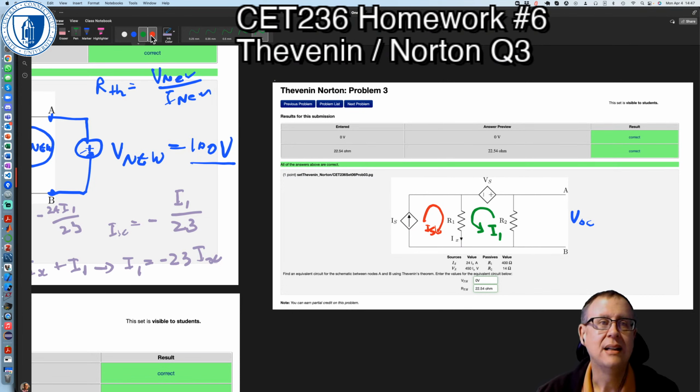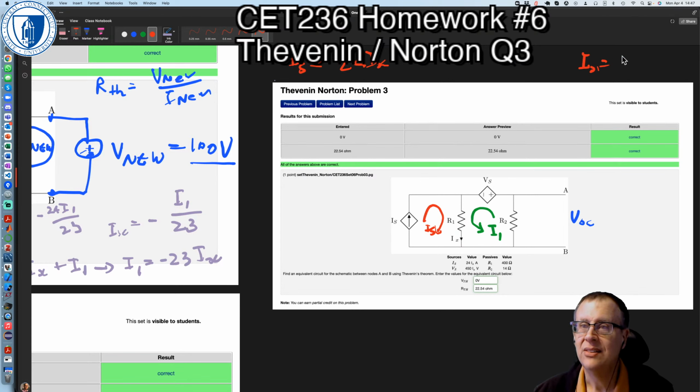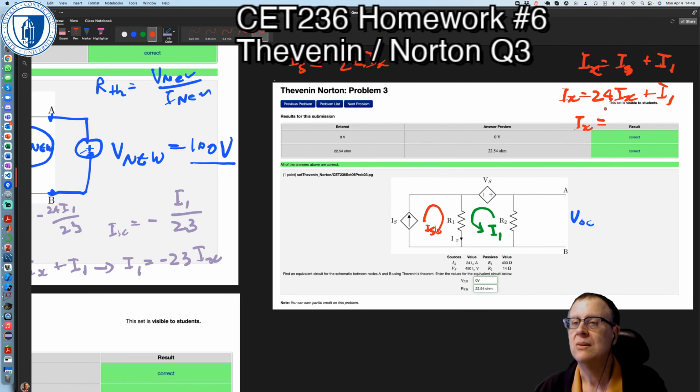So again, IS is 24 IX, and IX is IS plus I1, right, and IS is 24 IX, so IX equals 24 IX plus I1, and we get the same equation that we got before, that IX equals minus 1 on 23 I1.